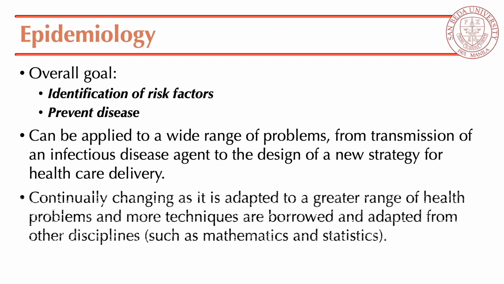It is also important to stress that epidemiology is not a static discipline. It continually changes as it is adapted to a greater range of health problems. And this change involves adapting or borrowing techniques such as mathematics and statistics, which is often used for modeling and prediction.